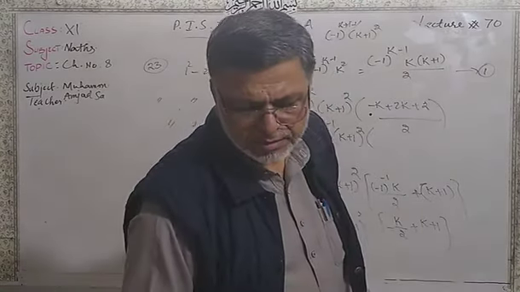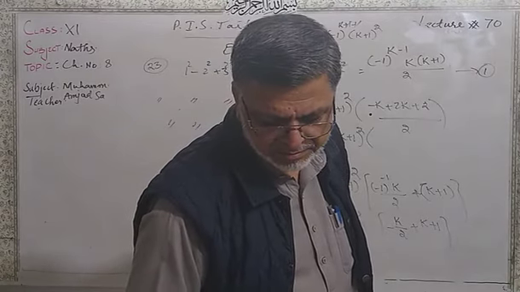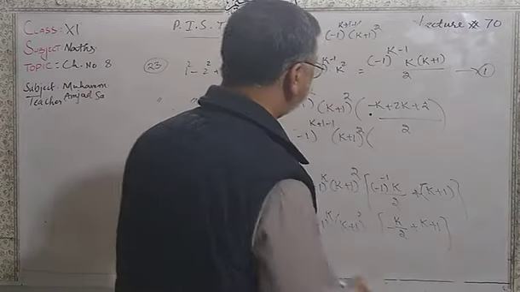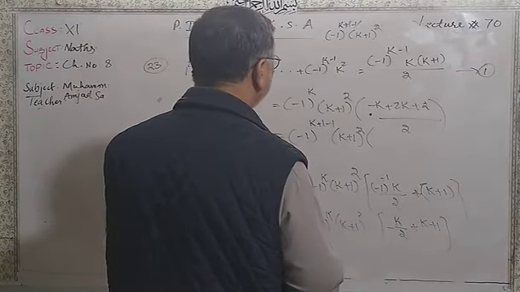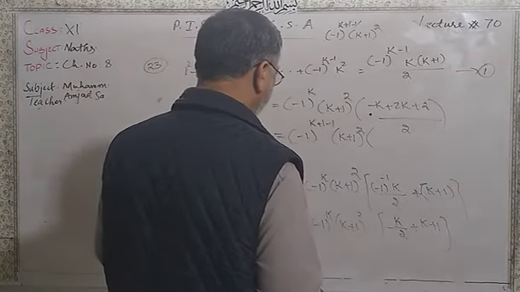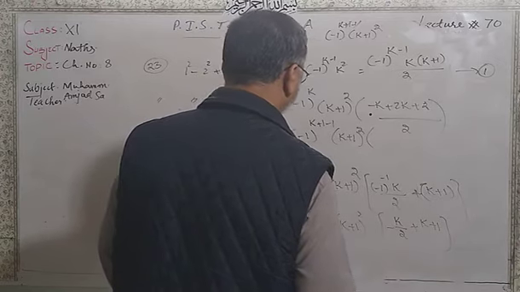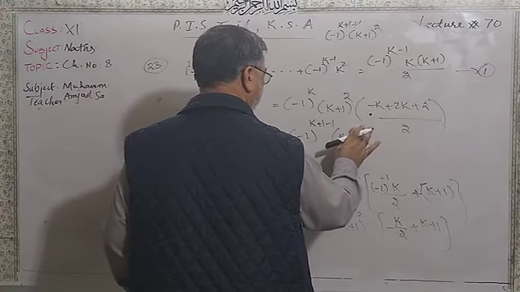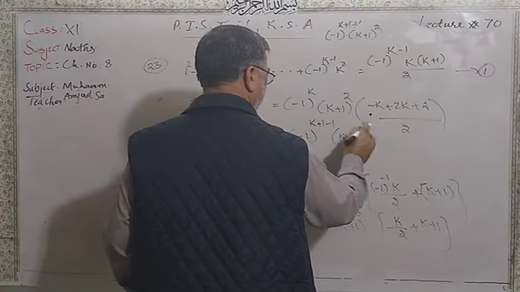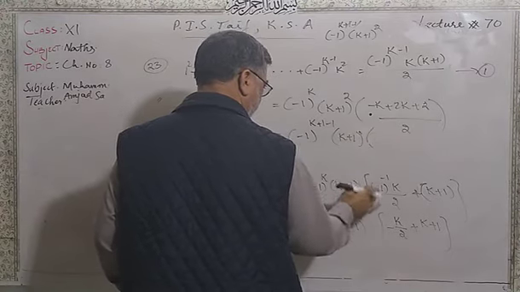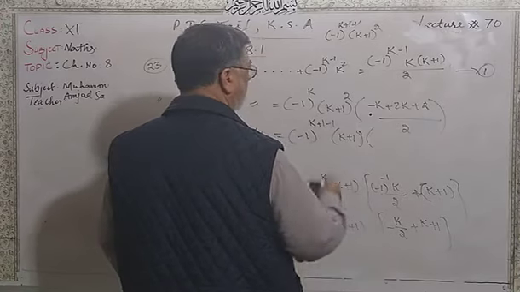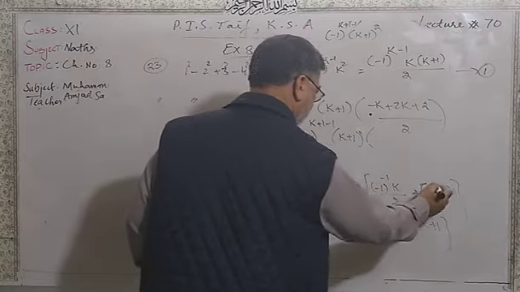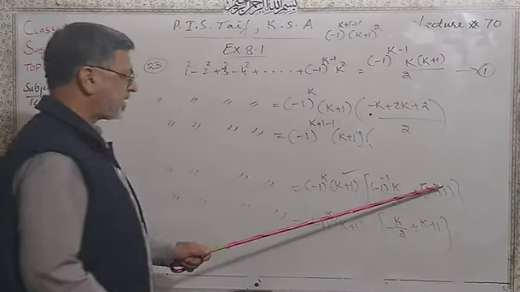What is that? We will take k+1 common, not (k+1) squared.